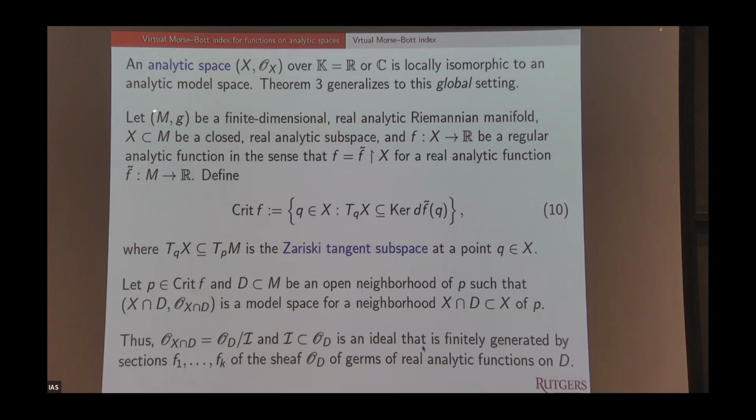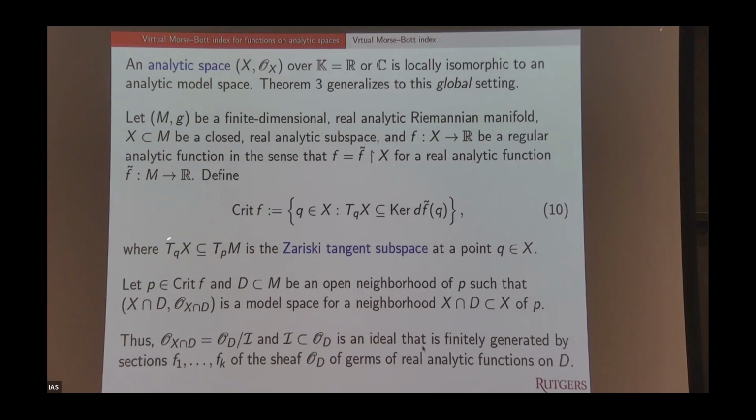So if we're given a real analytic manifold, we're going to assume that we have a real analytic function on that manifold M that will serve as our Morse-Bott function on the real analytic manifold M. And then we're going to restrict that to an analytic subspace X, and then define critical points of F using an analogous recipe.